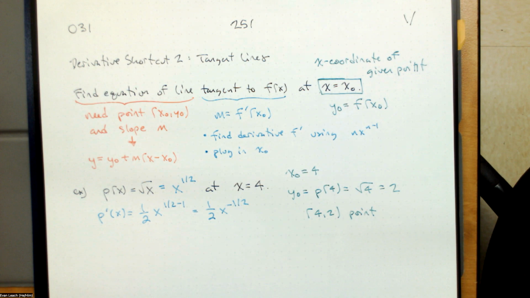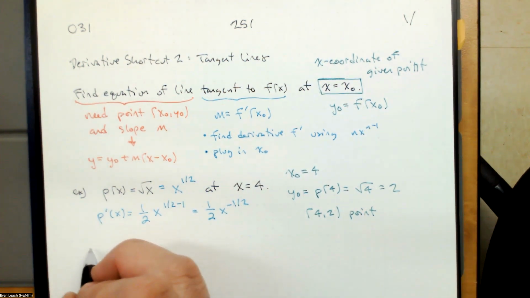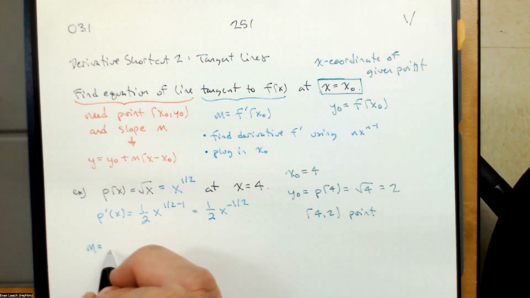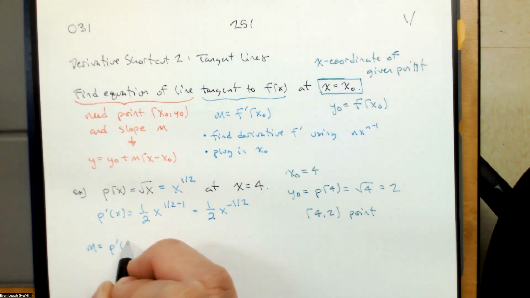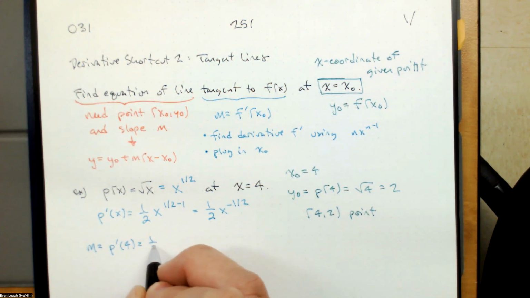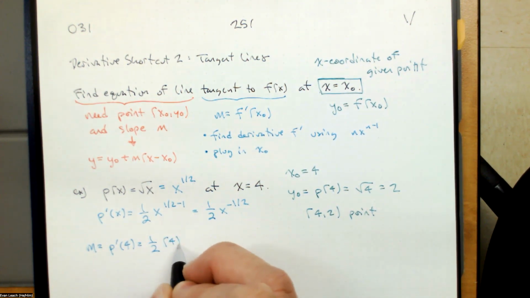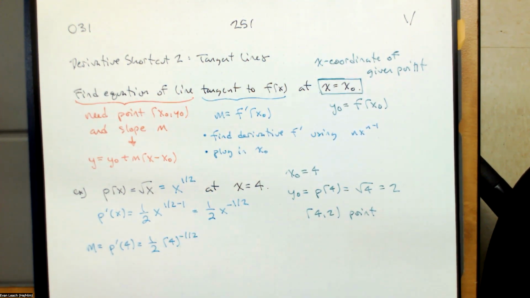To find the slope, we plug in the point that we care about. So 1/2 times 4 to the negative 1/2. If we want to look at that 4 to the negative 1/2, the negative is going to take the exponent.